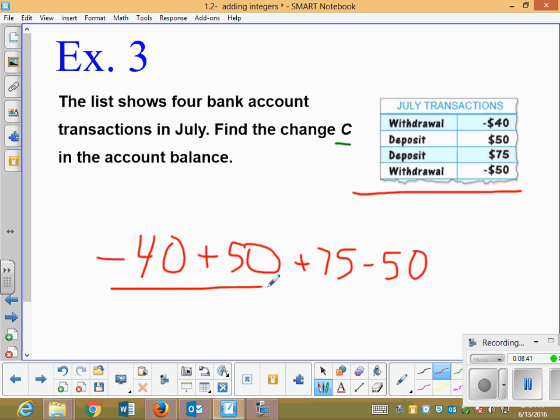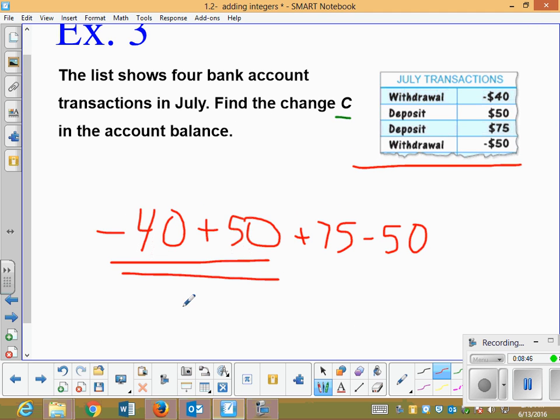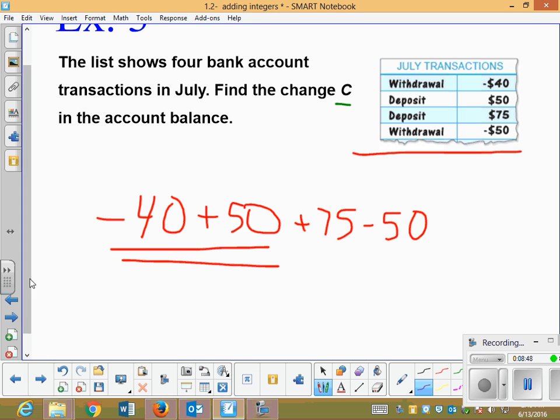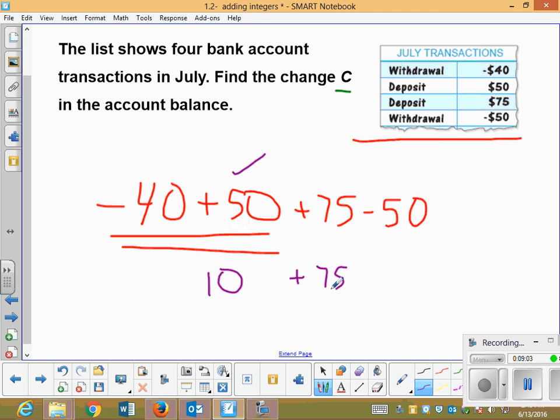Now to do this, we're going to do this 2 at a time from left to right. So we can say a -40 plus 50. Since the signs are different, I'm going to go ahead and subtract that. So I know 50 minus 40, I can do that in my head, which is 10. And since the bigger number right here is 50, it's going to be a positive 10. Then I'm going to go ahead and bring this down. Again, you can't do this all at once, so I'll do it from left to right. 10 plus 75 is going to be 85, so I'm going to put 85.